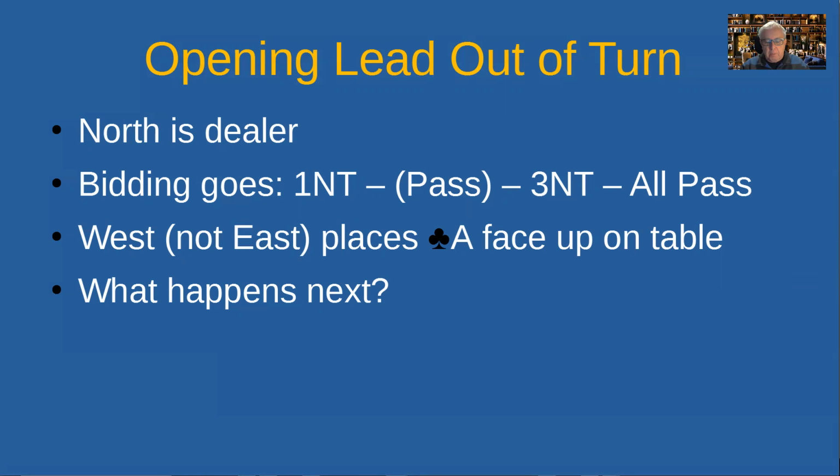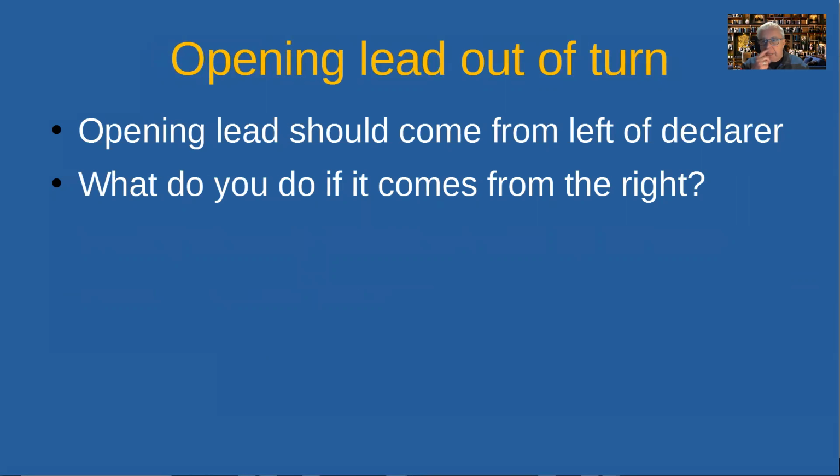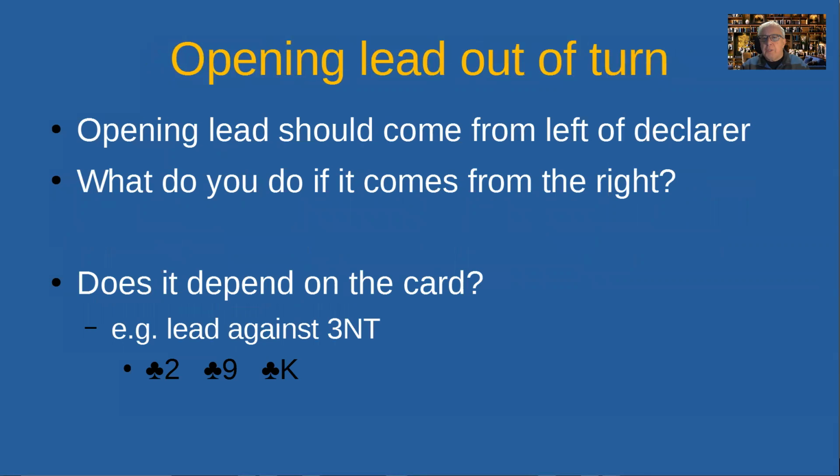Well, the problem here is that it should have come from the left of the declarer, but what do you do if it comes from the right? And is your decision going to vary according to what the card is that's led? If you've got the two of clubs led against three no trumps, most people would decide that that's the fourth highest of only four cards in clubs, and it has at least one honor at the top of it.